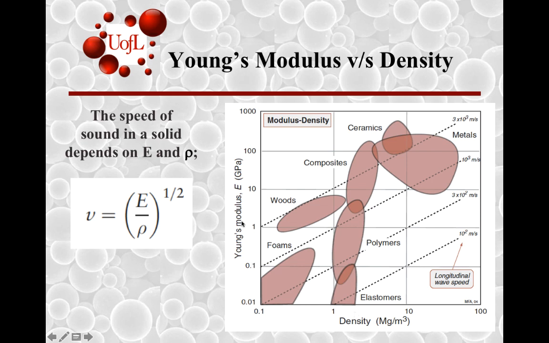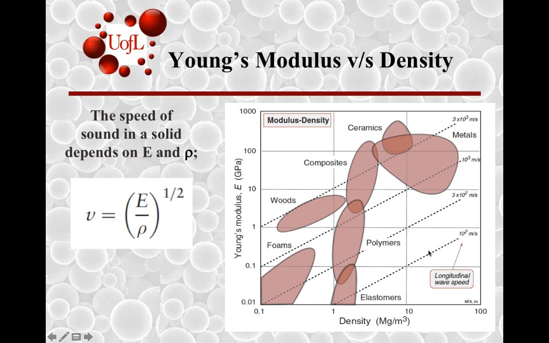If you take logarithms on both sides, after squaring, you will get the intercept to be 2 times the logarithm of velocity. And so in this E versus rho log plot, you will be able to estimate the velocity of sound.